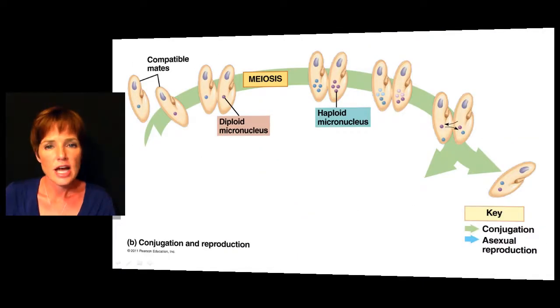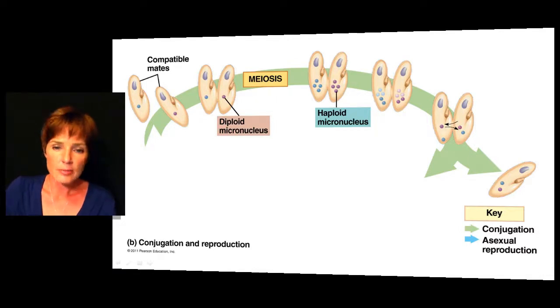Here we see a look at a typical conjugation event in these ciliates. We'll have two sexually compatible cells that will come together and they will attach to each other, and at this point they each have their own diploid micronucleus. That micronucleus is going to undergo meiosis so that you end up with 4 haploid micronuclei inside each of these cells.